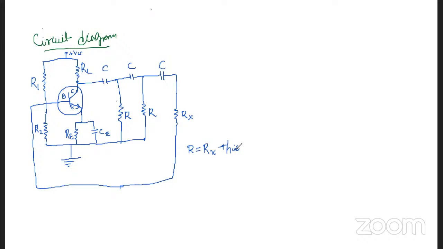Since this resistance is connected with the base of the transistor, the input resistance HIE of the transistor is added to give a total resistance of R. So Rx plus HIE totals R here. Rx is the resistance we have taken, and HIE is the input resistance, and they are added up to give the total resistance R.